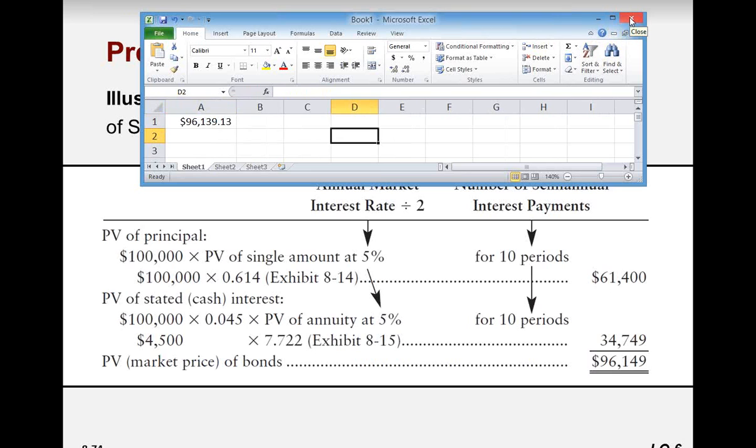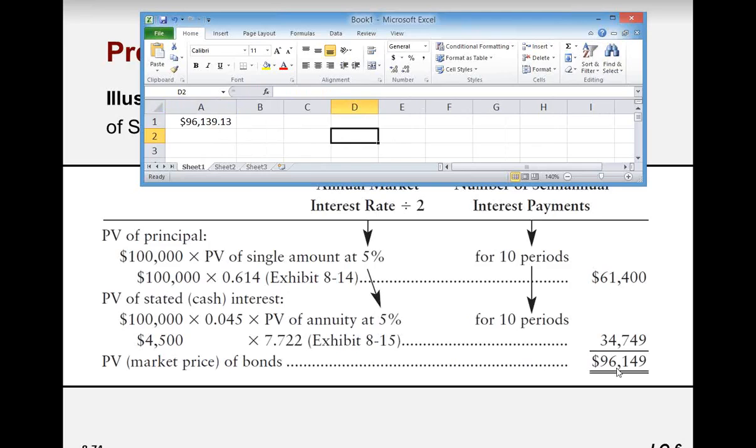Okay. So remember, the important factor is that you use the market rate of interest when you are calculating the present value, but you have to use the stated rate of interest to calculate the cash interest because you would be getting paid the cash interest. So in this case, this bond is being sold at a discount.